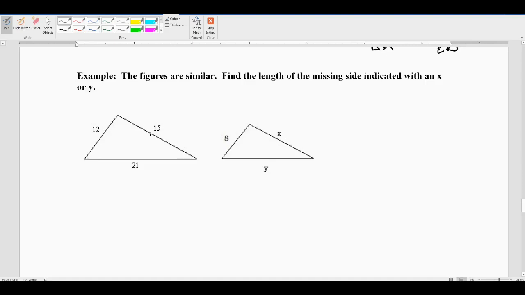Now I can't use these two sides, two unknowns. So I'm going to use 12 over 21 on this triangle. Since the two triangles are similar, and 12 over 21 is a ratio of this triangle, that means that 8 over Y is a corresponding ratio using the other triangle.